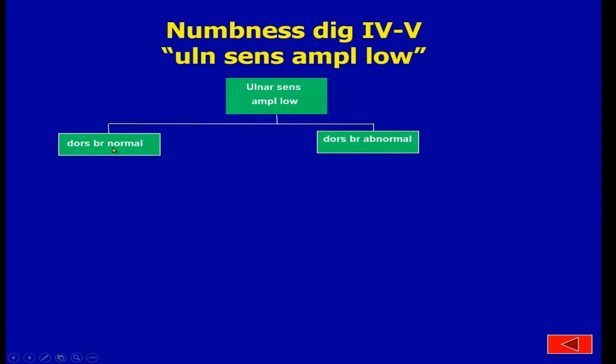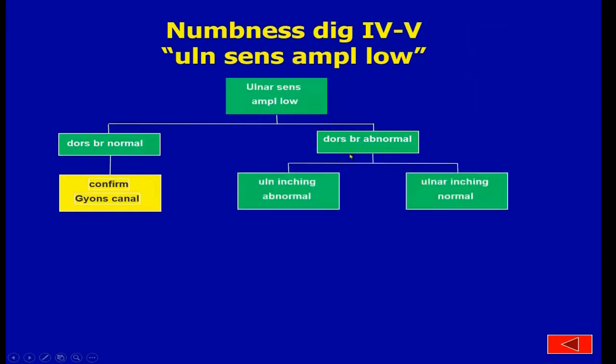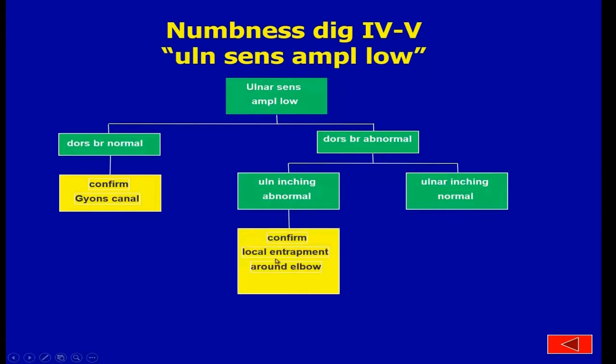But if the dorsal branch is normal, like in this square, then we think of a Guyon's canal problem, since the dorsal branch leaves the ulnar nerve more proximally. But if the dorsal branch also is abnormal, then we have a problem proximal to the wrist, and we can do the inching, which is most likely, and if that is abnormal, then we confirm that.